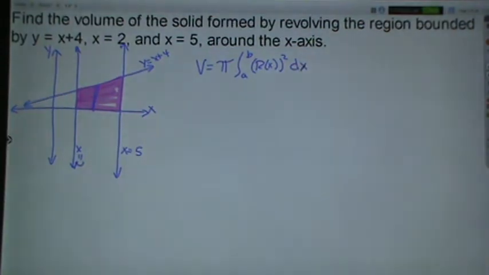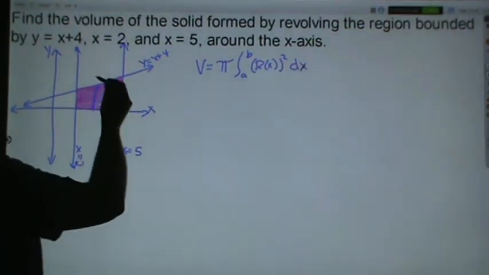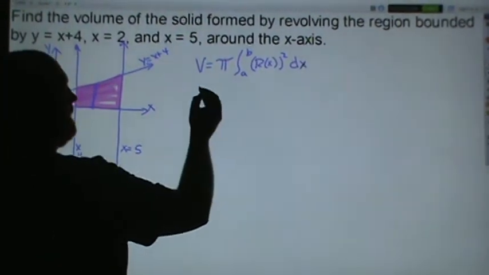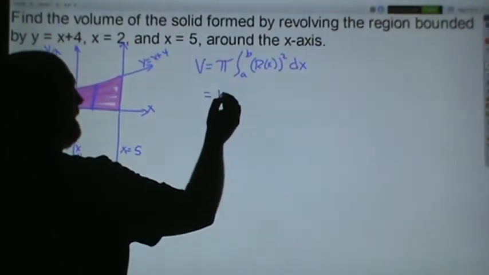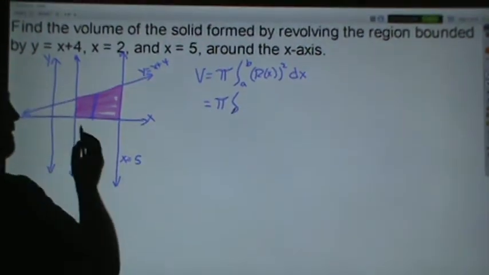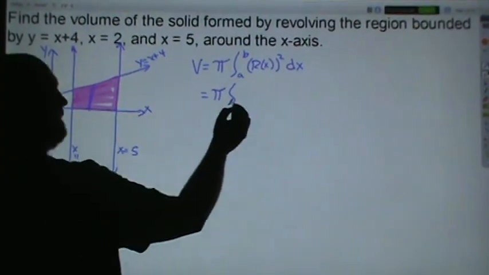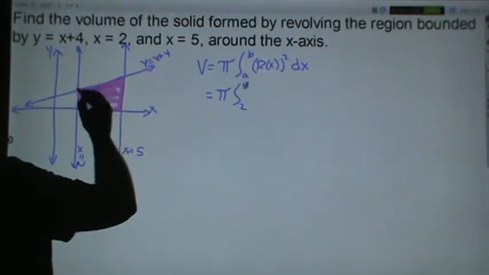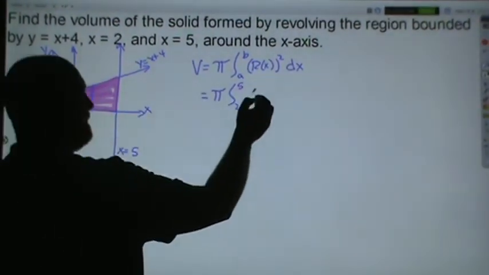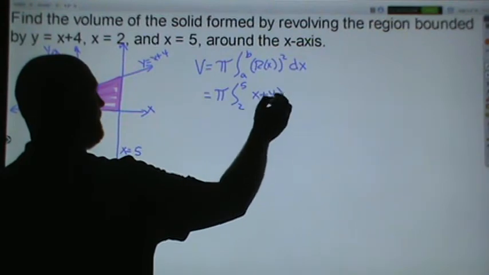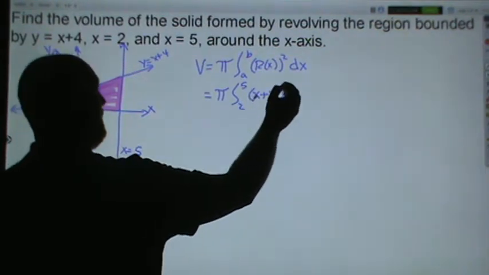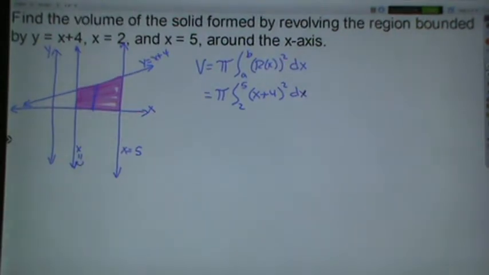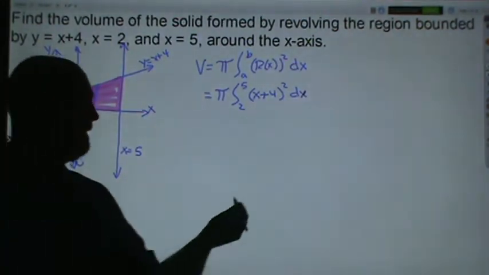So in this case, my radius is the peak height of this very specific region. So I'm going to say pi times the integral, and we're going from low to high, so from 2 to 5, of the upper curve, so x plus 4 squared dx.